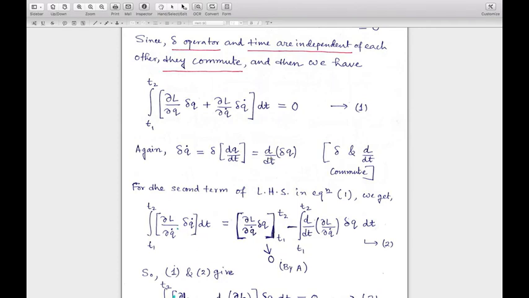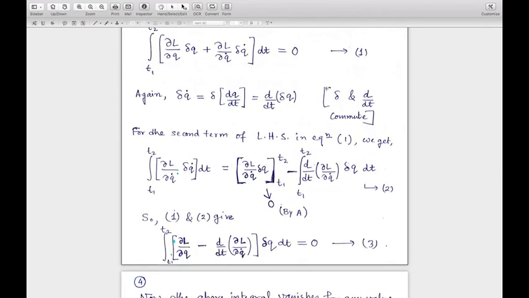Whether the trajectory is real or artificial, once one trajectory is chosen, d/dt is defined for that. On the other hand, delta gives you the navigation from one trajectory to the other. That's why they also commute. Then you can simply say delta q dot is equal to d/dt of delta q.